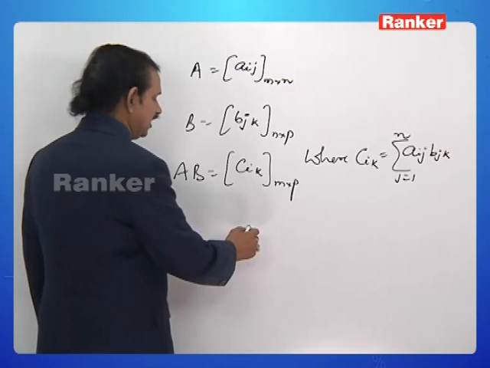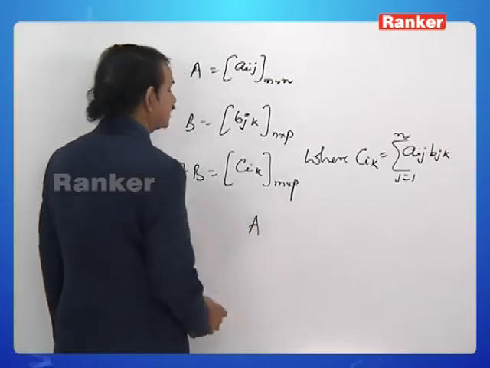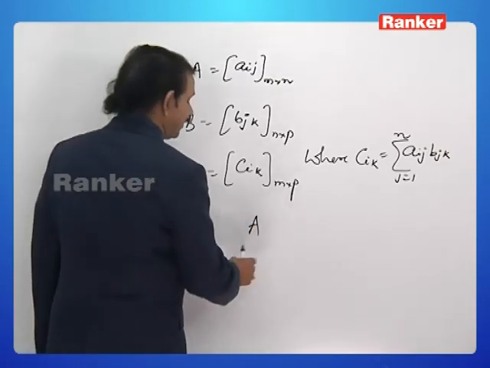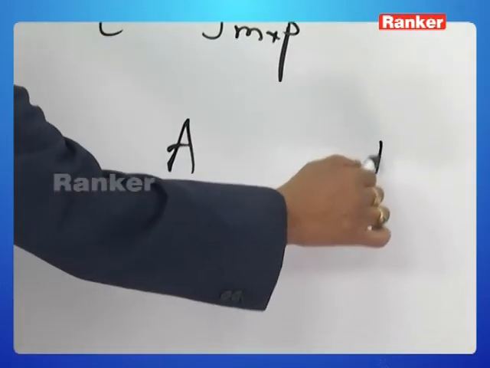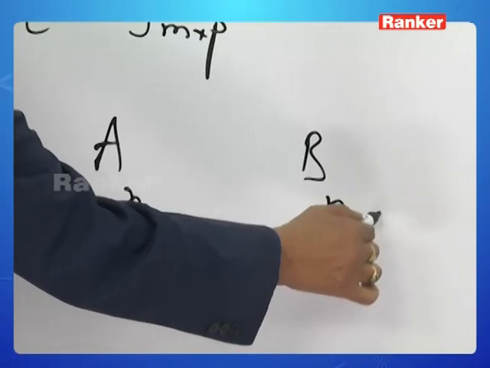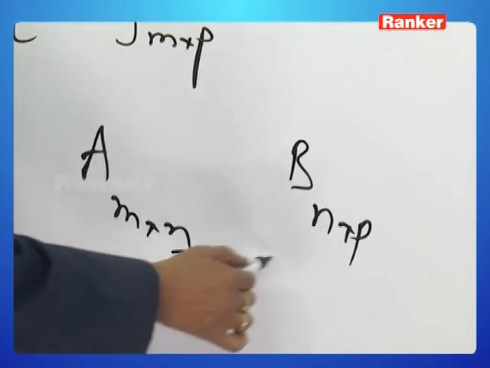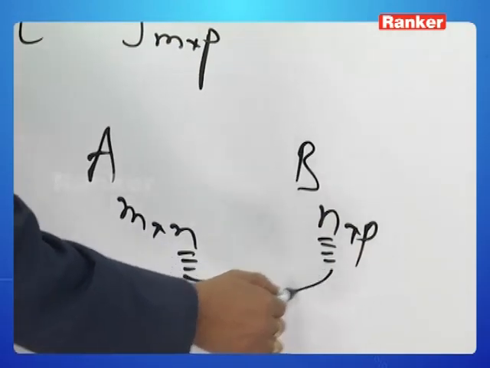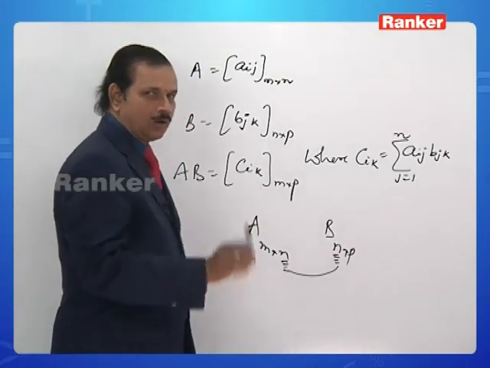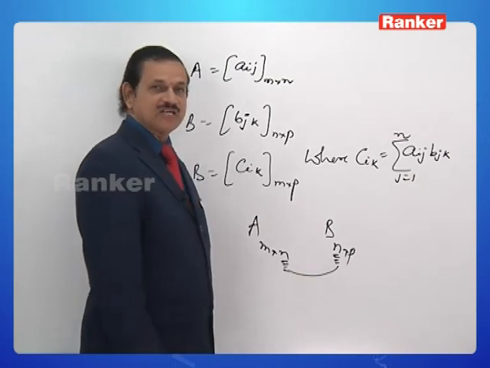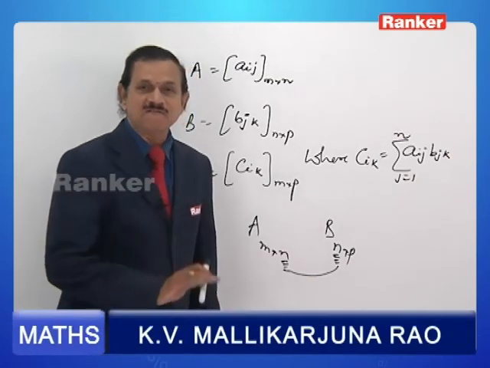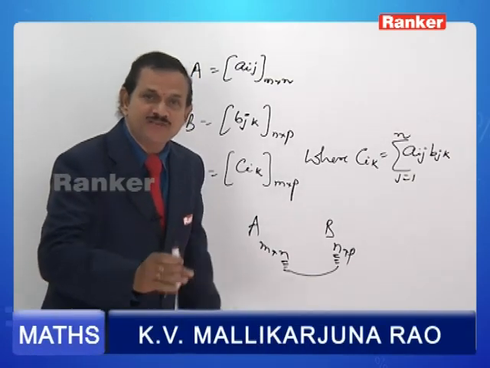You all know pretty well from your earlier classes that the multiplication of matrices is possible only if A is of the type m by n and B is of the type n by p. So the second number of A and the first number of B must match, must coincide. Then only the multiplication is possible, and in such a case we say that A and B are conformable for multiplication.